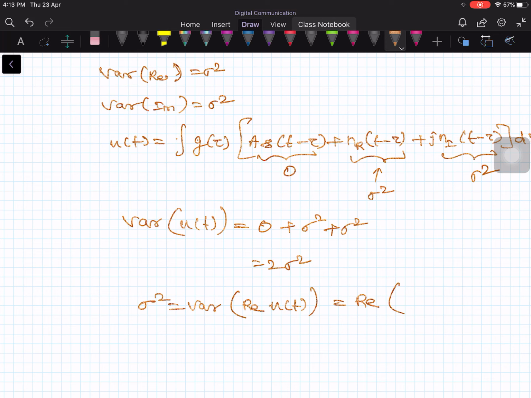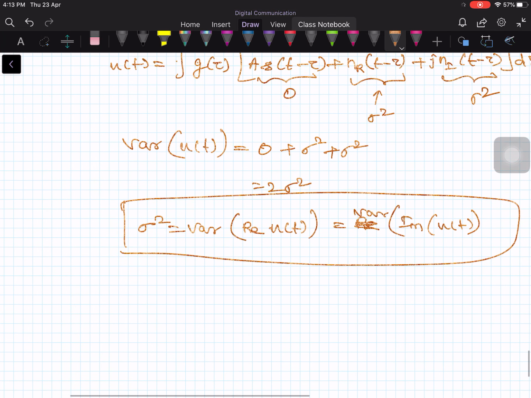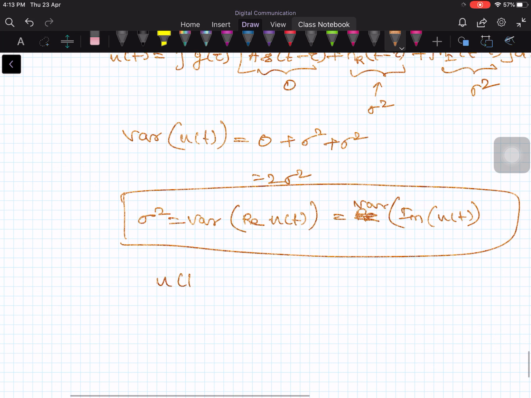Therefore, if u of t has both real and imaginary parts, then the variance of u of t is equal to 2 sigma square.